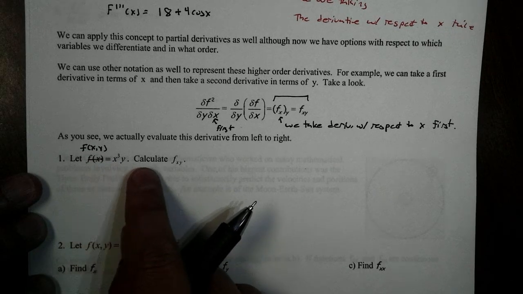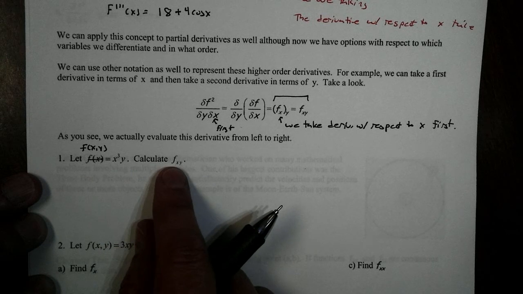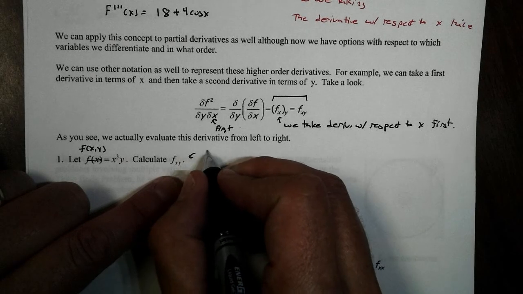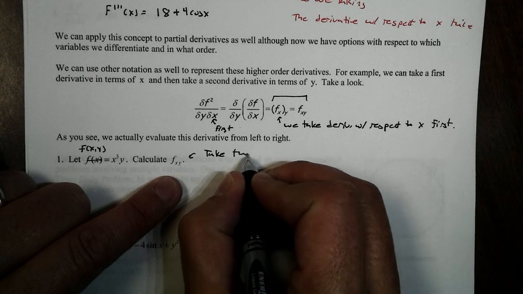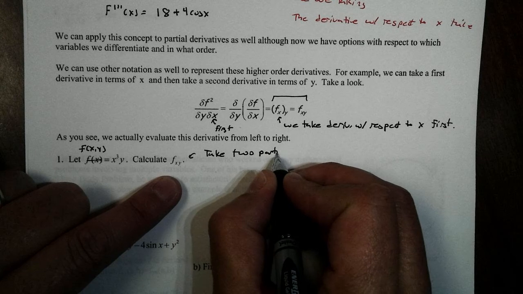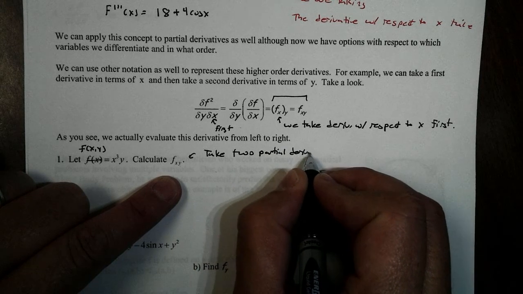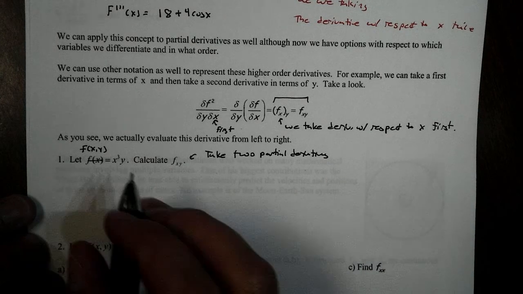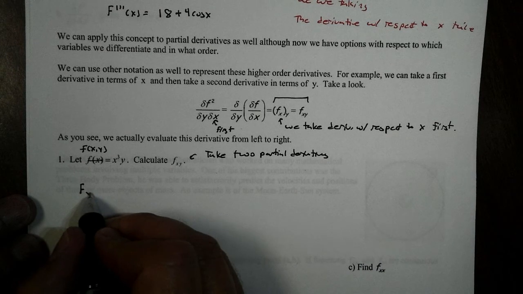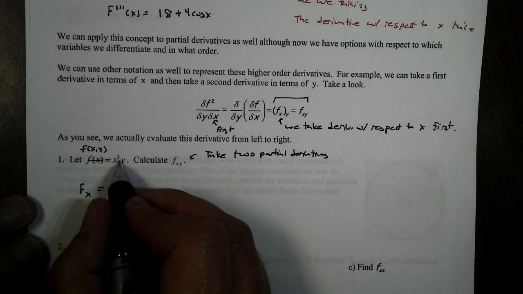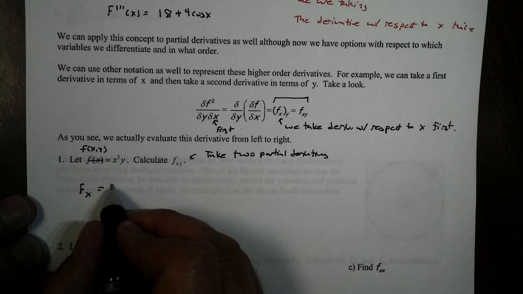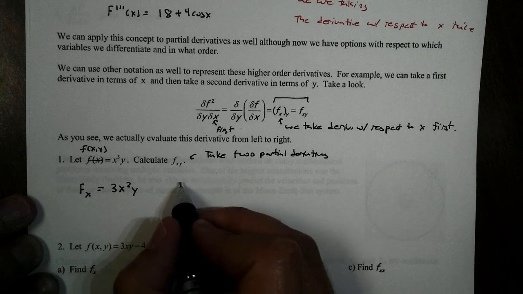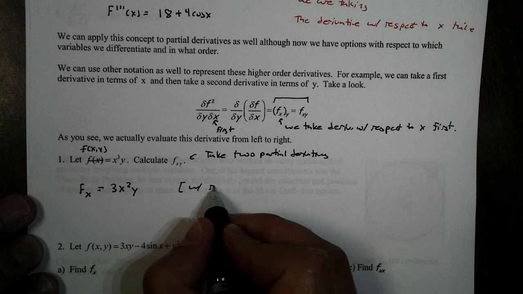We want to take the partial derivative with respect to x, then with respect to y, so we are going to take 2 partial derivatives. The first one we're going to do is with respect to x. f sub x is equal to, if I take the derivative with respect to x, y is my constant, we should get 3x squared y. So notice this is with respect to x.